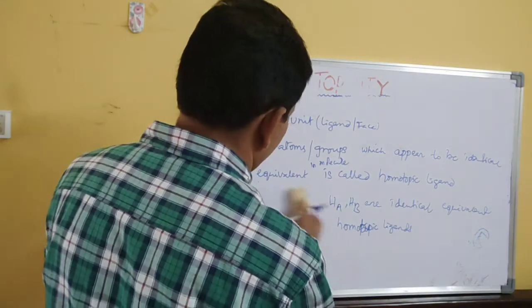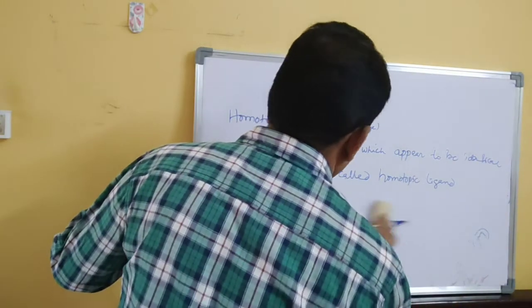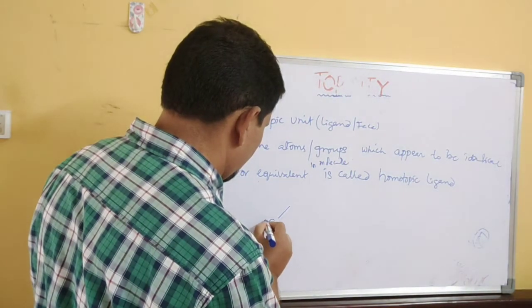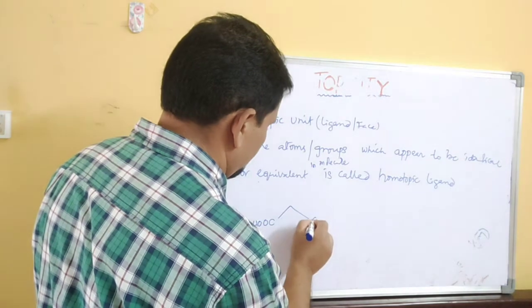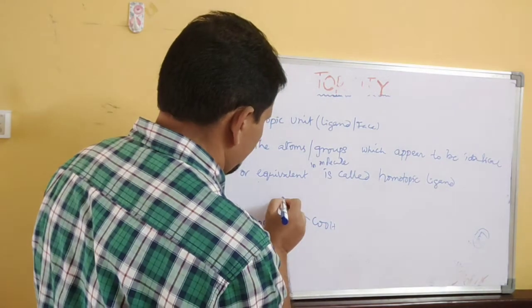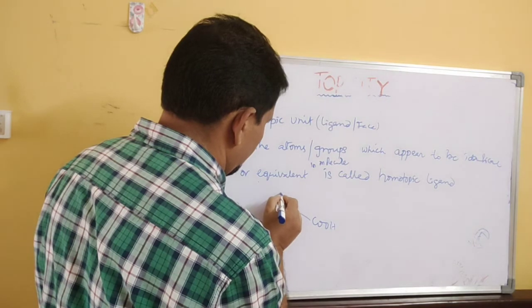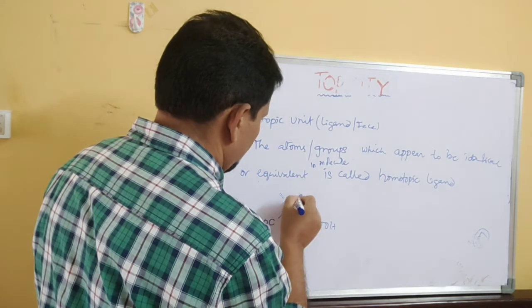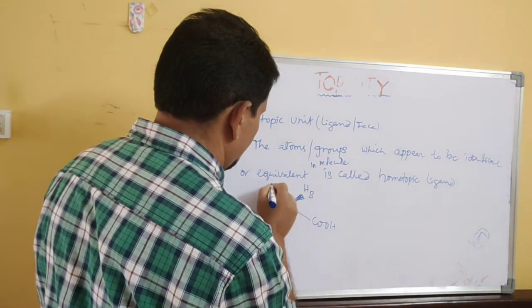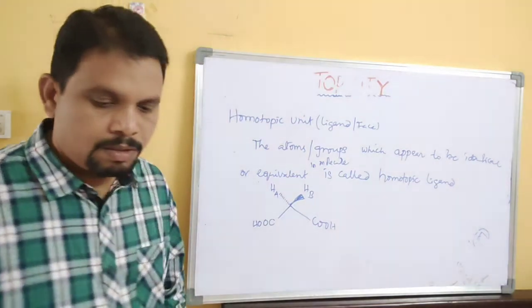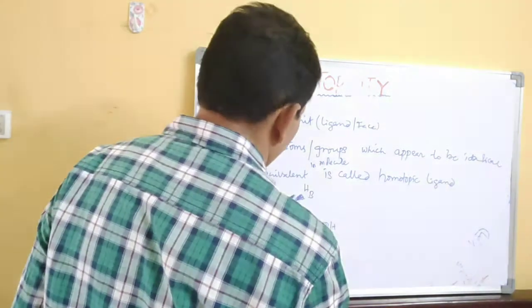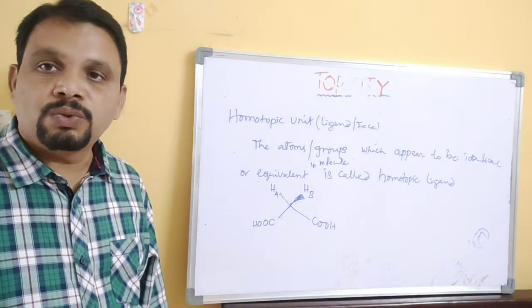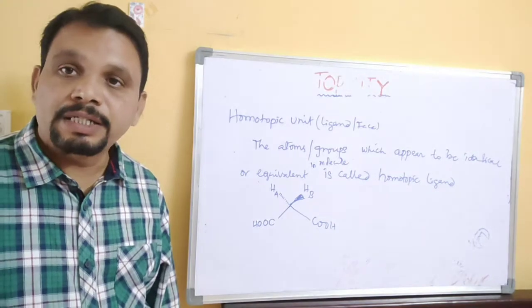I'll give you another example for homotopic ligands. So malonic acid, COOH and COOH. In this, these two hydrogens are identical and equivalent.